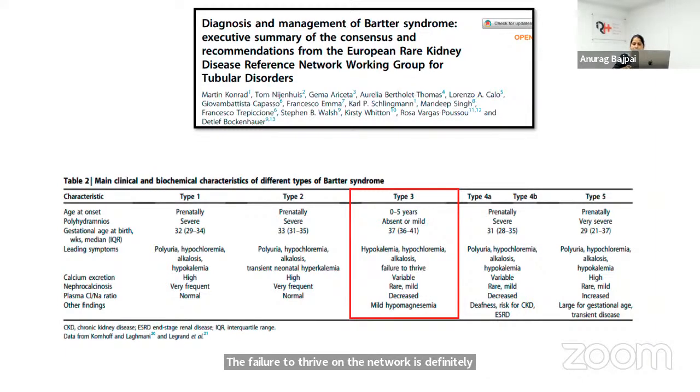And there is a mild hypomagnesemia, and there is a variable nephrocalcinosis, as it was absent in our case too. So I think now if you look at our case, it is fitting exactly into type 3.